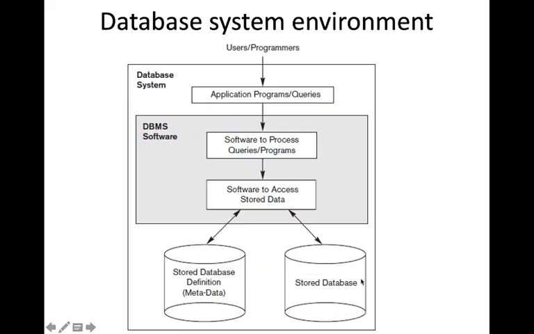We store some data and we also need to store the data about this data. We call it metadata. It is also stored in the secondary storage. Together this is the DBMS software, and here it is a database system. It is the application program plus DBMS software plus the data that is being stored. All together it is known as the database system. So this is a general database system environment.